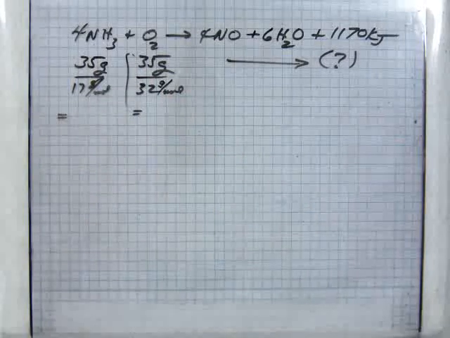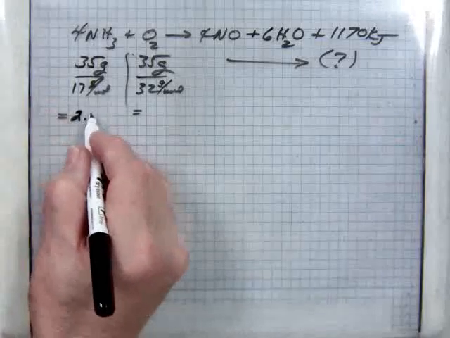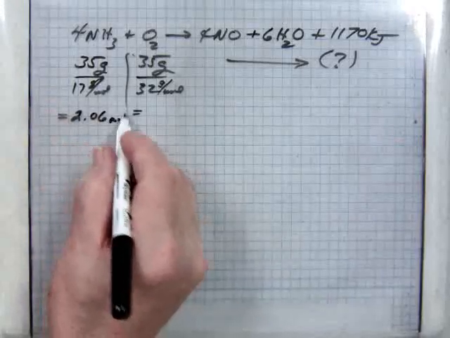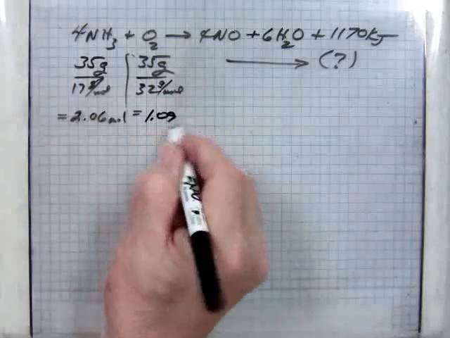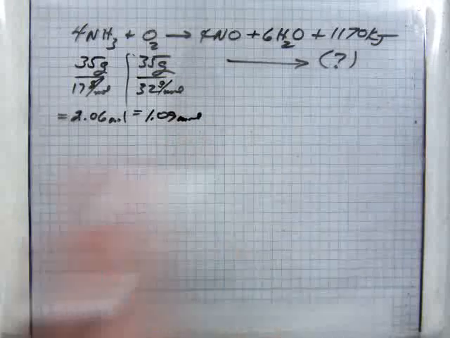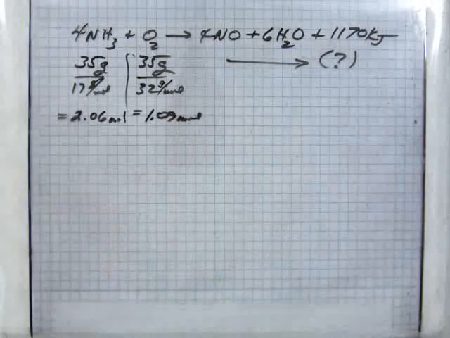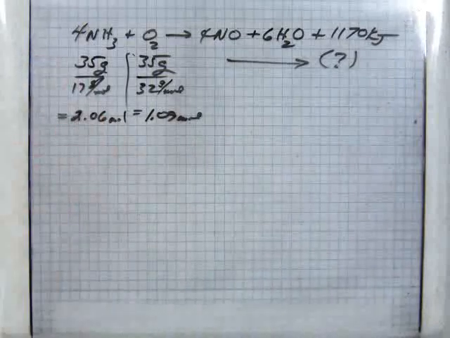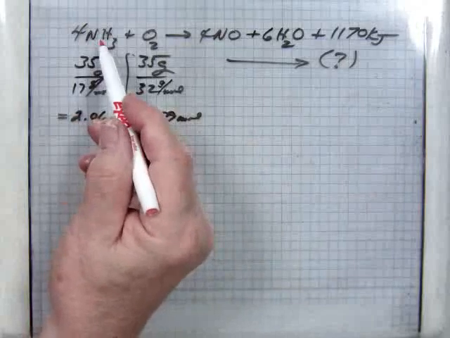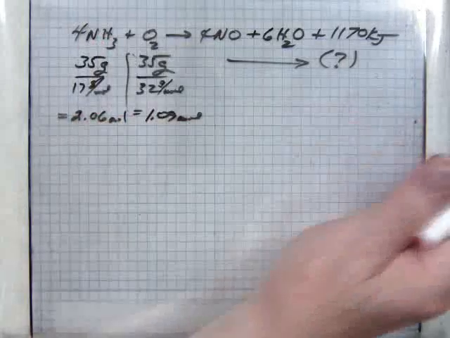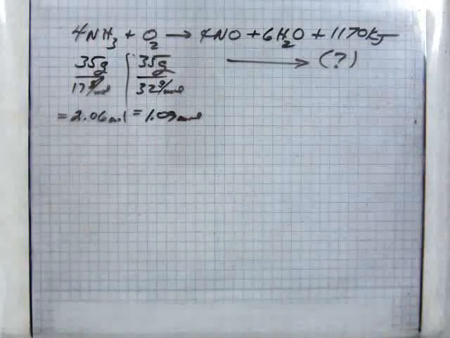So I got 2.06 mole for that one, and that's 1.09 mole for that, okay? Now what this all boils down to, if you took the equation and converted your, say, ammonia to a 1, you divide through by 4, and that's basically what you're essentially doing.